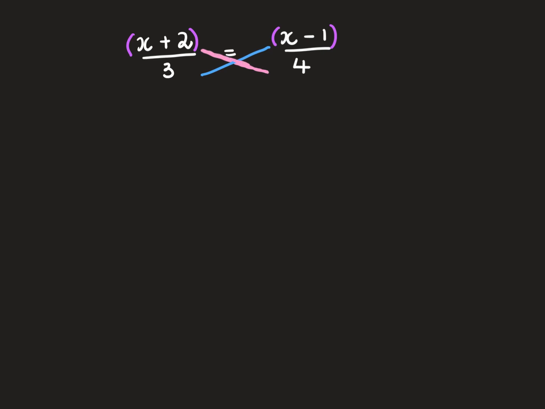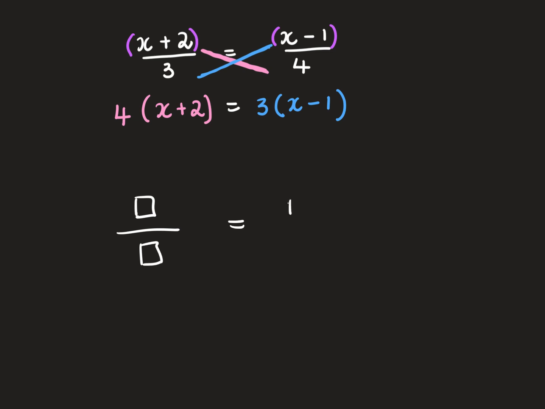That times that, so that's going to mean 4 lots of x plus 2 is equal to, what's next? This times this. 3 lots of x minus 1. See what I did? If I have got something over something is equal to something over something, then that times that is equal to that times that. That's called cross multiplying.